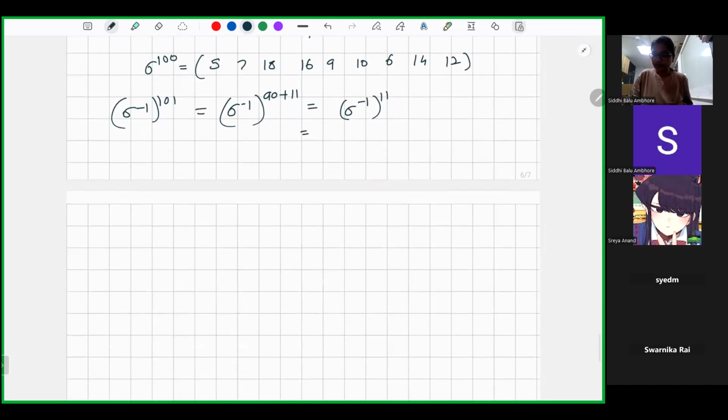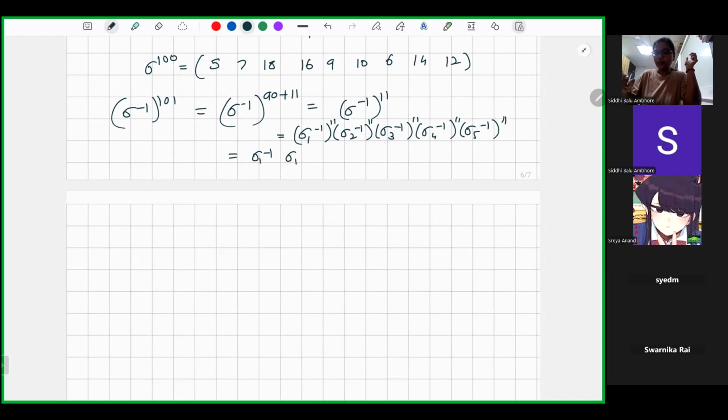Because of the odd cycle representation, for each of sigma 1 inverse, sigma 2 inverse, sigma 3 inverse, sigma 4 inverse, and sigma 5 inverse, we take the power 11. We know the order of the first one is 2, so this will be sigma 1 inverse.